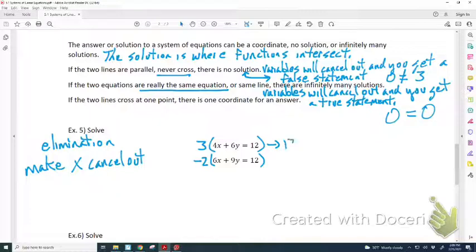So I end up with 12x plus 18y equals 36. Something weird happens on this next equation. We get negative 12x, we get a negative 18y, and a negative 24.